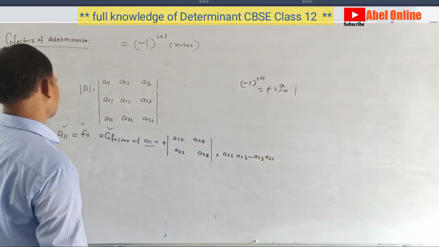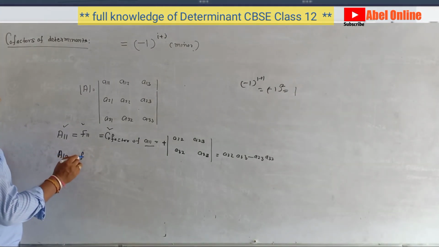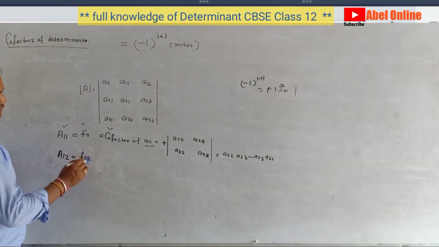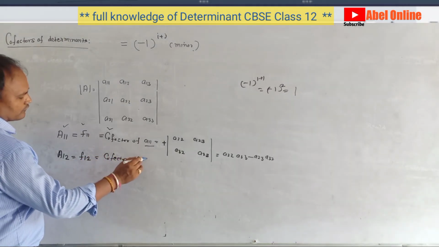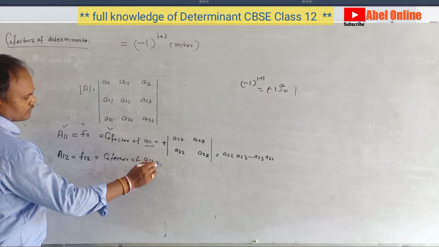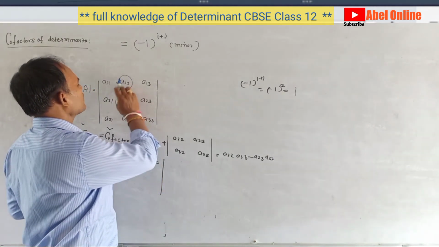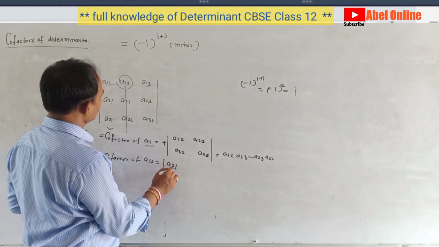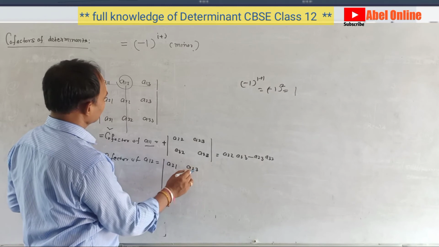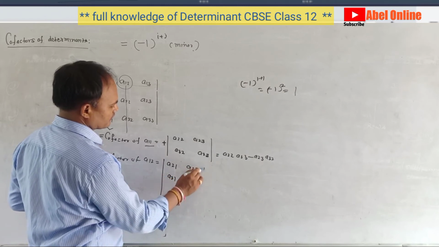It is your answer. Now, what about the A12? It is F12, the cofactor of A12. When we are talking about A12, just eliminate this row and this column. The remaining part is A21, A23, A31, A33.